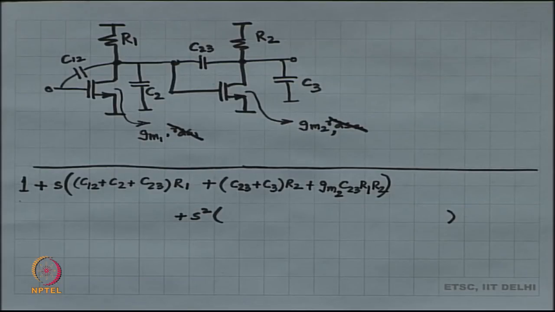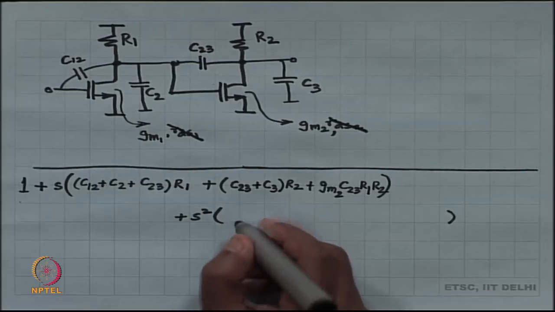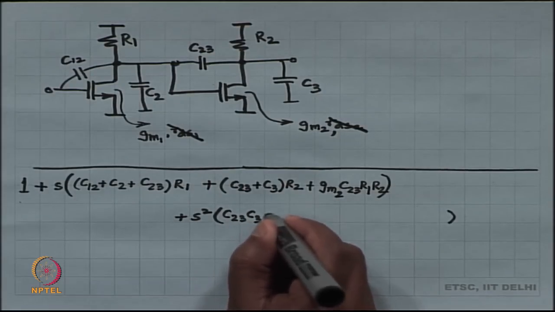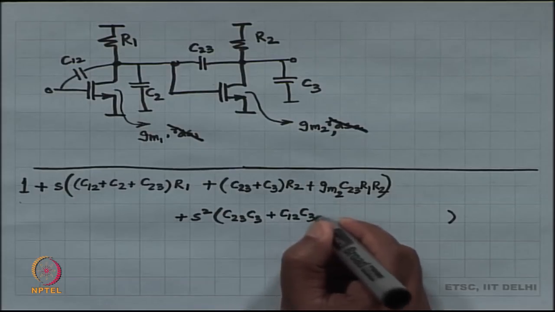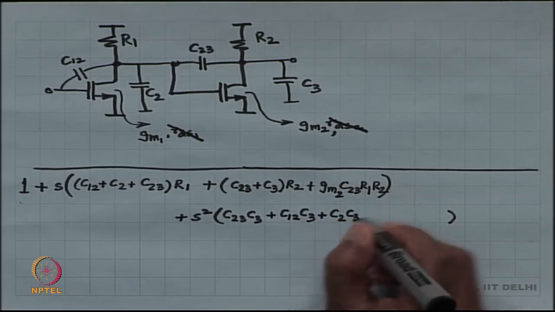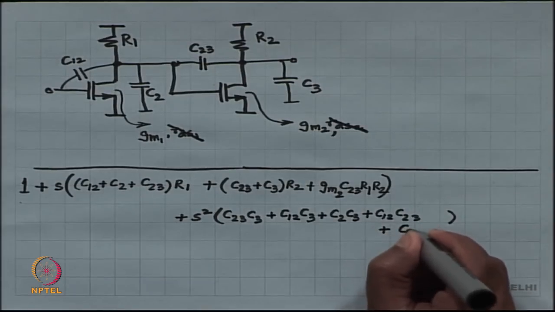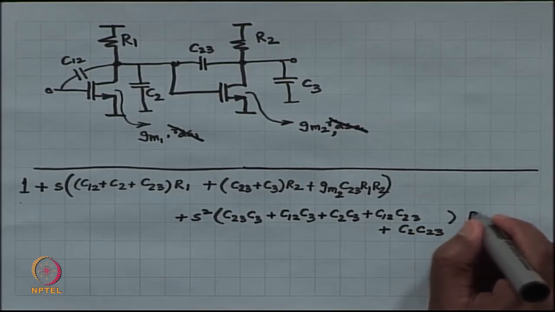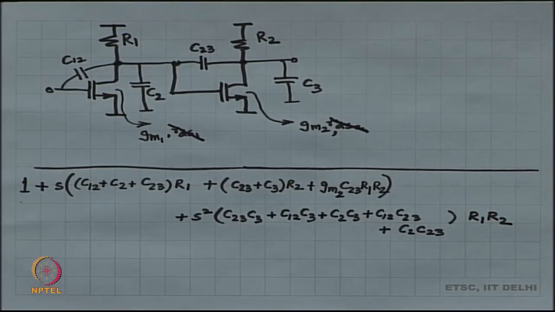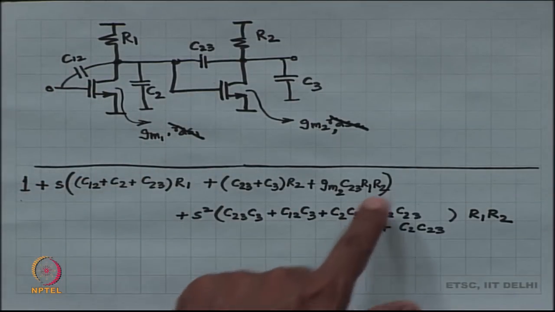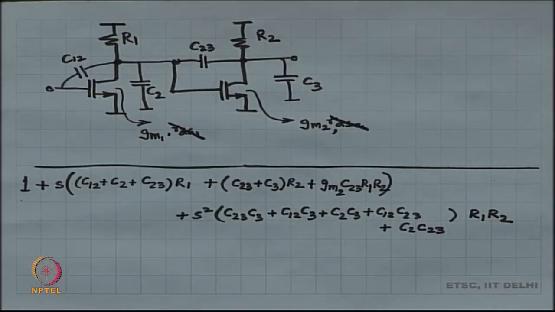Okay. So, that is the s term, and the s squared term looked like this. All right. So, this was my gigantic expression, and in this R1 is the old R1 in shunt with RDS1, R2 is the old R2 in shunt with RDS2. So, this is implicit.